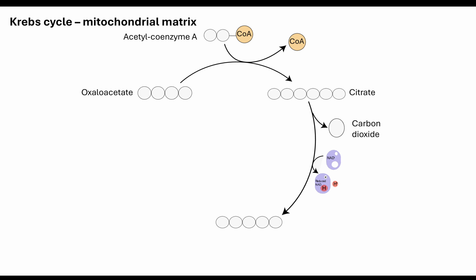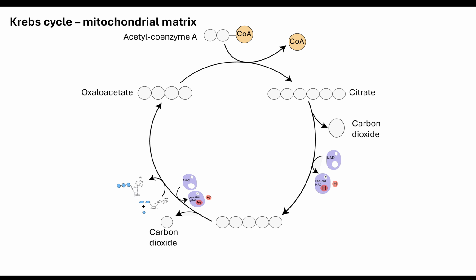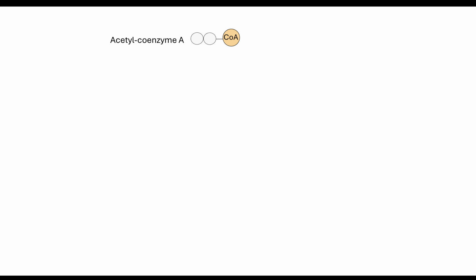We will oxidize the molecule. We've got a 5-carbon molecule, which will then go through another decarboxylation and another set of oxidation reactions and substrate level phosphorylation. And that will get us back to oxaloacetate. So let's just take that step at a time.